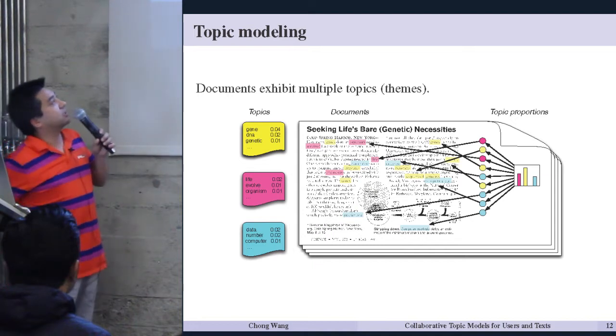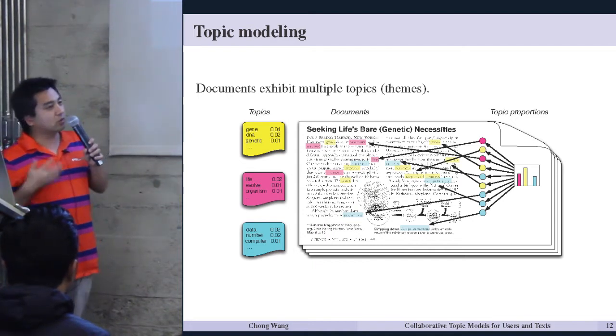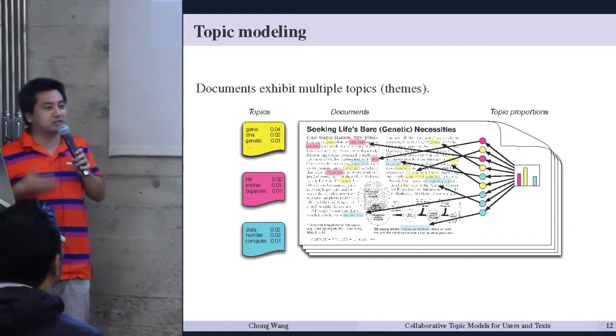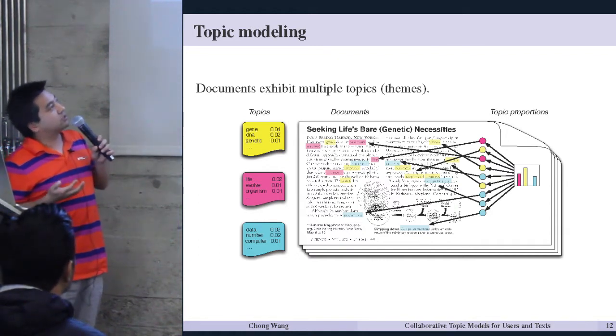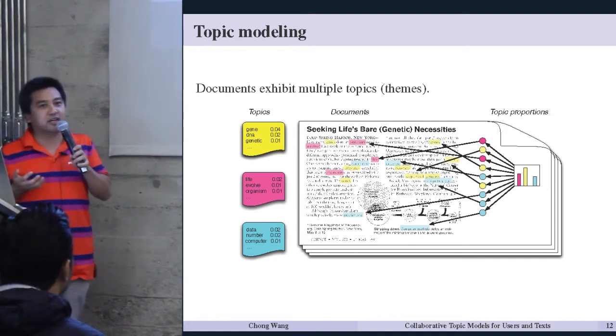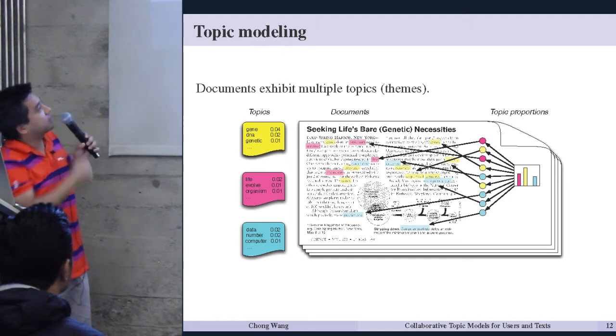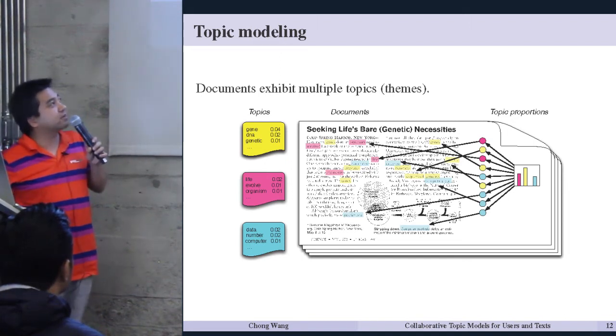So basically, let me just repeat it. Suppose we have a world with three topics, and you want to write a document with these three topics. How would you do it? You basically assume that a document has some proportions over these three topics, but not necessarily the same proportion.